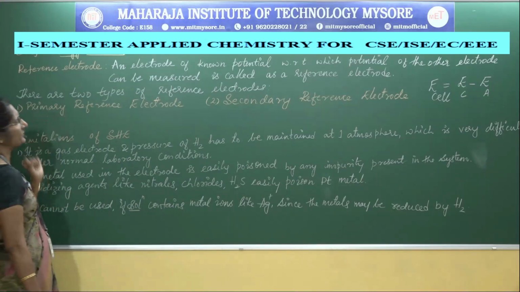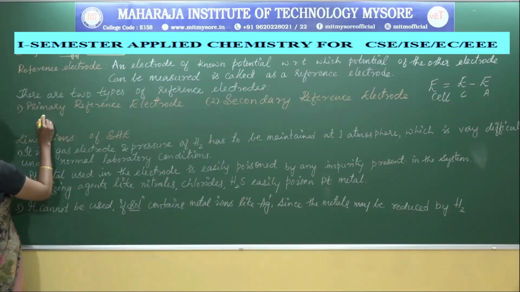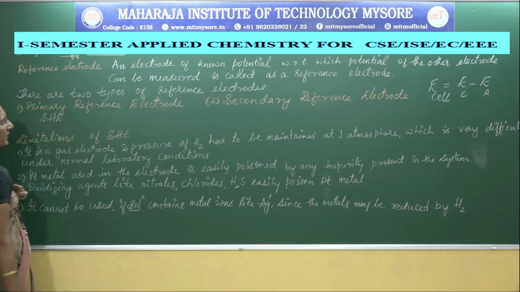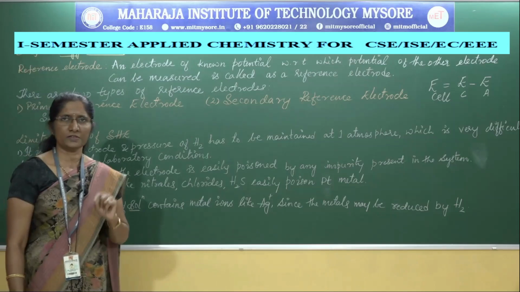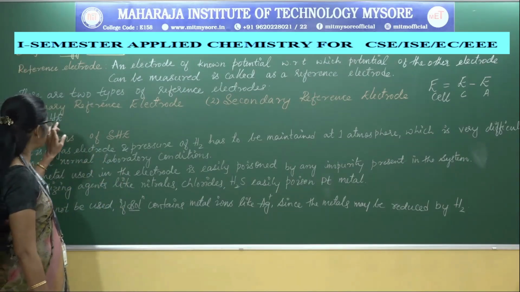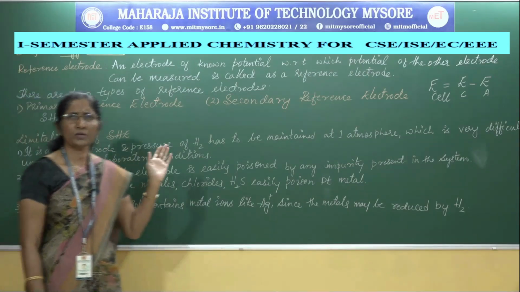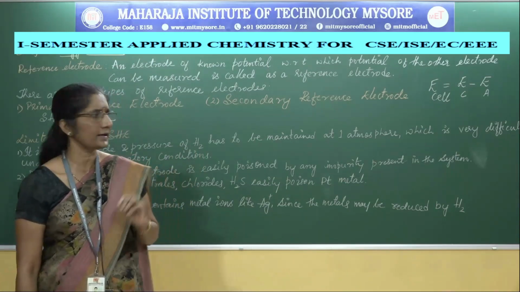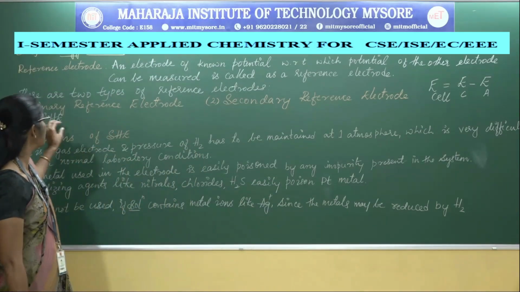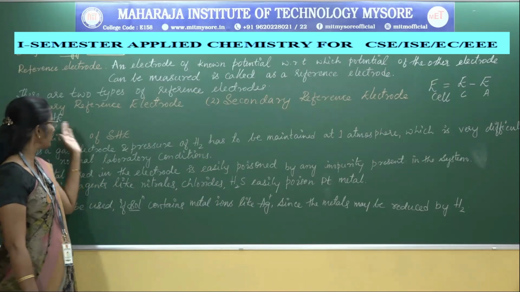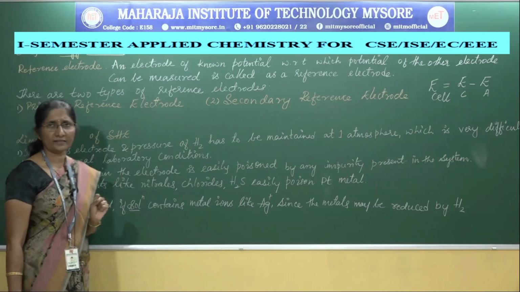The best example of a primary reference electrode is the standard hydrogen electrode, abbreviated as SHE. In PU classes you already studied the construction and working of the standard hydrogen electrode. It is a gas electrode.